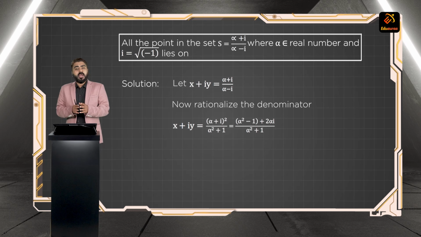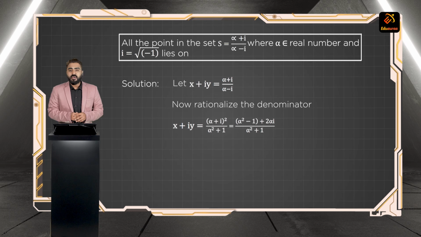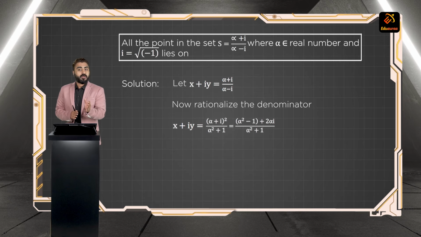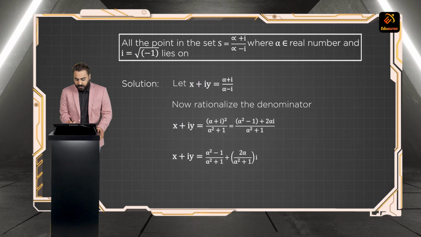We have expanded the numerator, and now let's write it in proper complex form, that is real term plus imaginary term. So we get the next step as (alpha square minus 1) upon (alpha square plus 1) plus 2 alpha upon (alpha square plus 1) into i.